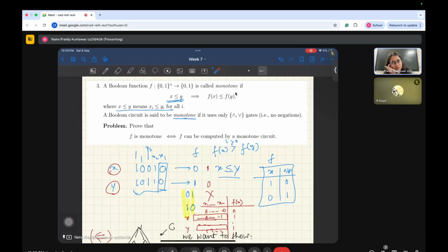So one reason is that, I don't know if this was done in the class, but a brief overview: we know this P versus NP problem is a big open problem for us, and circuits are one way of approaching or attacking the problem.